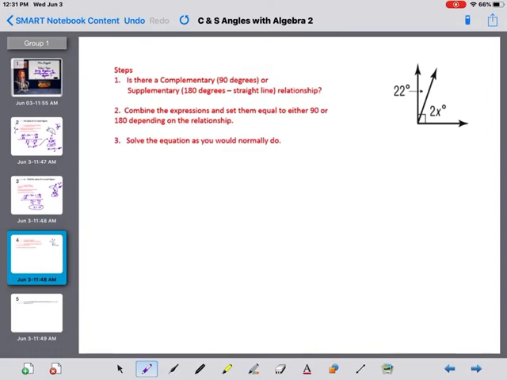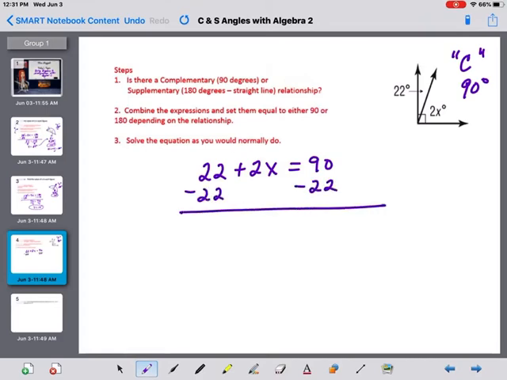Okay, let's take a look at our third problem. Here we certainly do have a right angle broken into two pieces. So we are dealing with complementary angles, and we know they have a sum of 90 degrees. So my equation would say that 22, the measure of one angle, plus 2x, the measure of the other angle, is equal to 90. We would want to subtract 22 on both sides to isolate the x term.